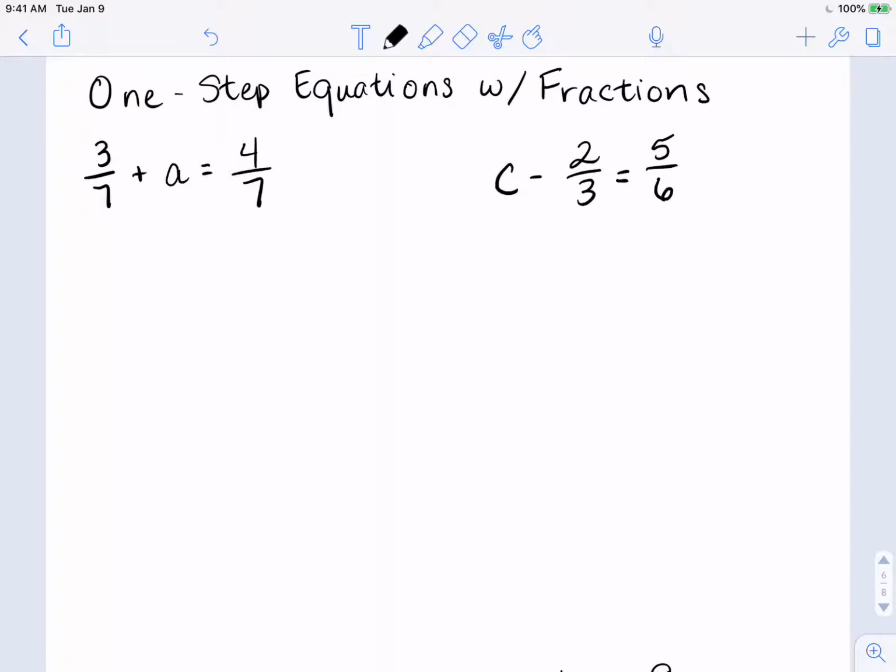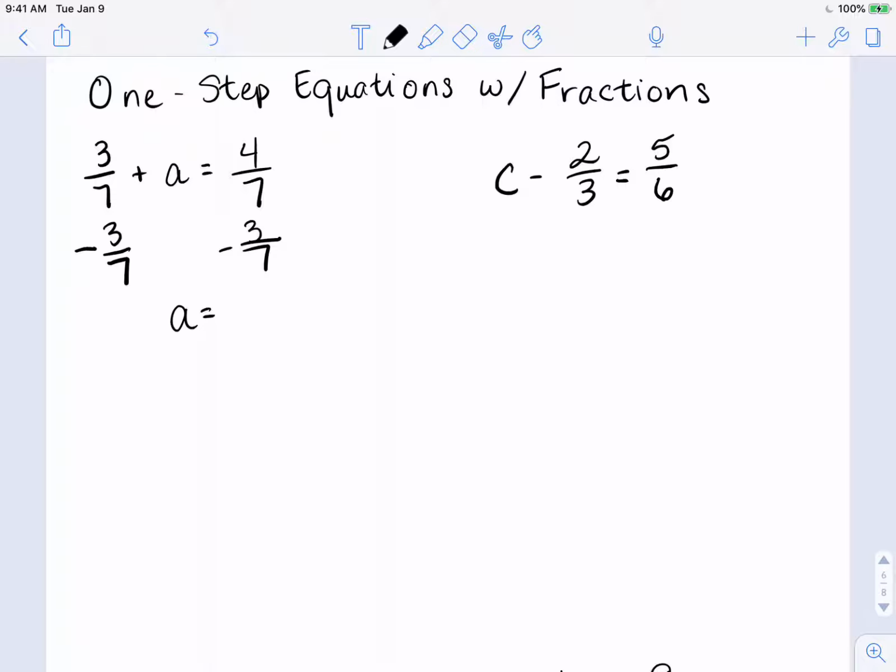The first step is going to be isolating a and subtracting 3/7 from both sides. So we get a equals 4/7 minus 3/7.